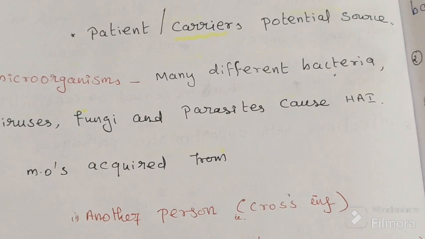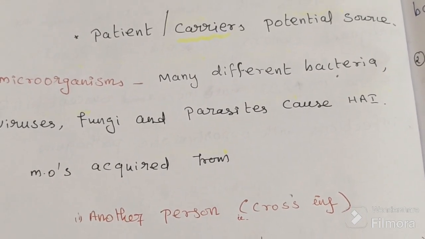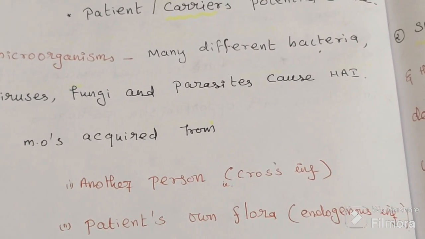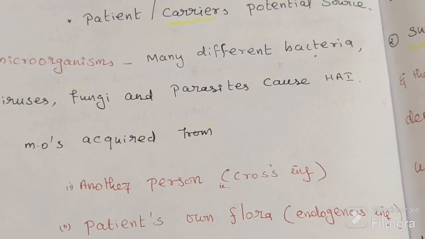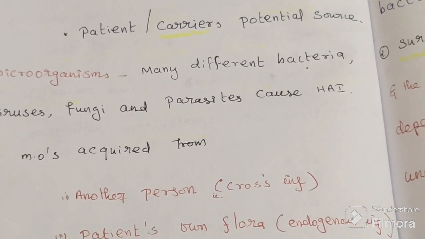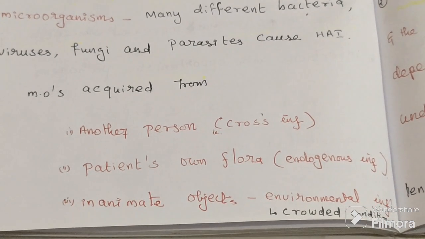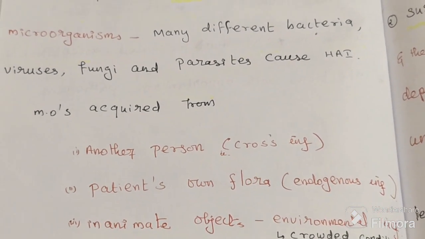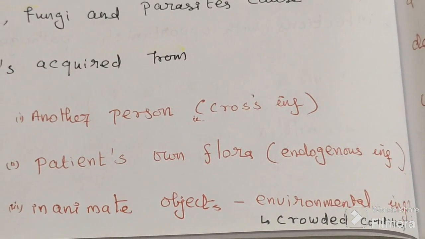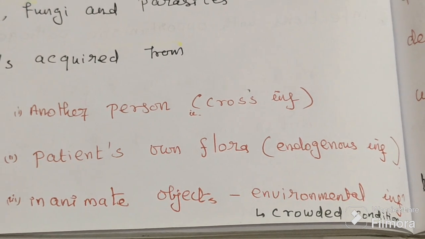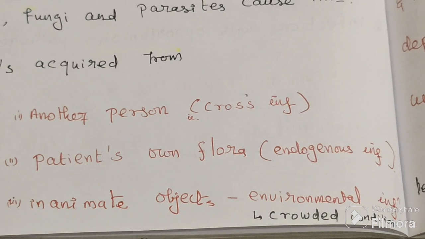Infection may be caused by microorganisms acquired from another person in the hospital, that is cross infection, or may be caused by the patient's own flora, that is endogenous infection. Some organisms may be acquired from inanimate objects or substances recently contaminated from another human source, and this is known as environmental infection.